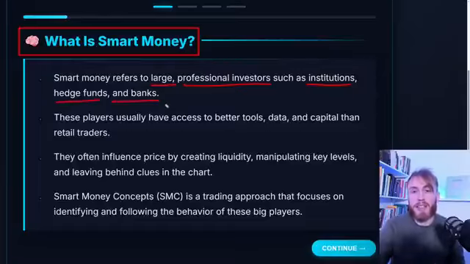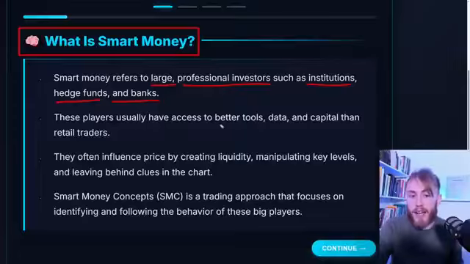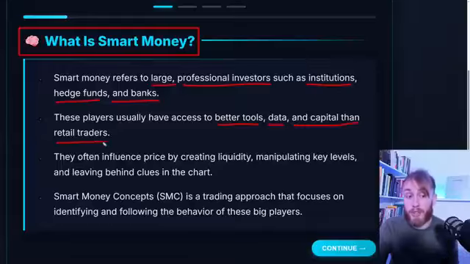So these are basically traders and investors that have access to lots of money, much more money than me and you. What is common among these players is that they usually have access to better tools, better data, and also more capital than us retail traders.